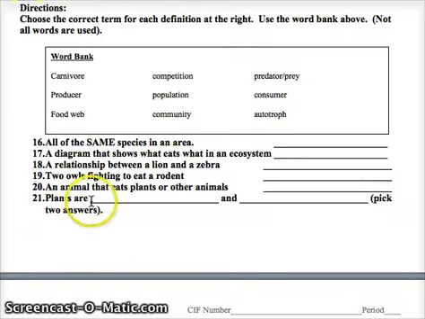21. Plants are blank and blank. Pick 2 answers for this question.